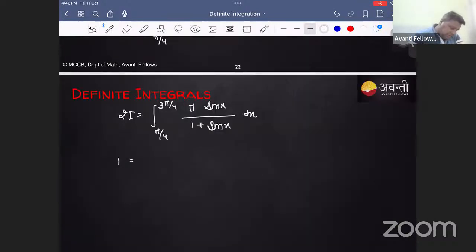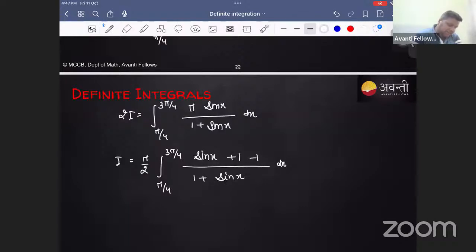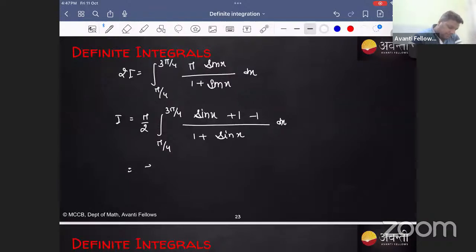Now this I is pi by 2. So limit pi by 4 to 3 pi by 4 sin x upon 1 plus sin x. Now add 1, subtract 1, dx. So with pi by 2, what else do you have?